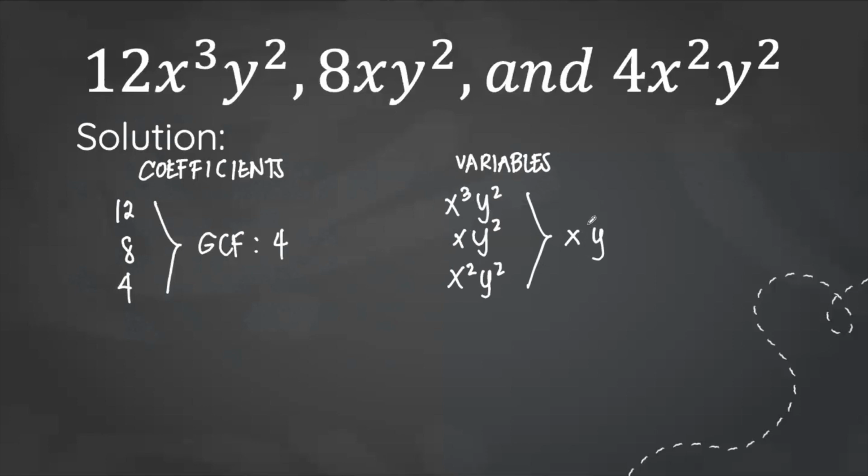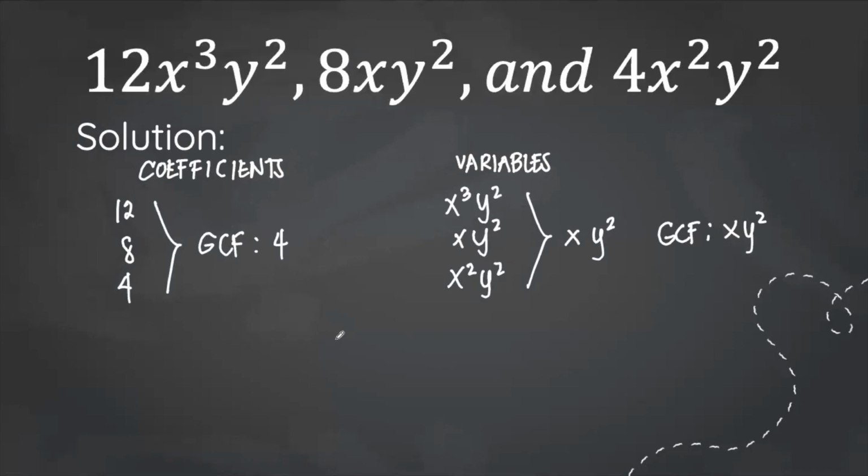We don't write the 1 anymore because it is implied that if there is no power, the power is automatically 1. Then, the lowest power for y is 2. So the GCF for our variables will be x y squared.